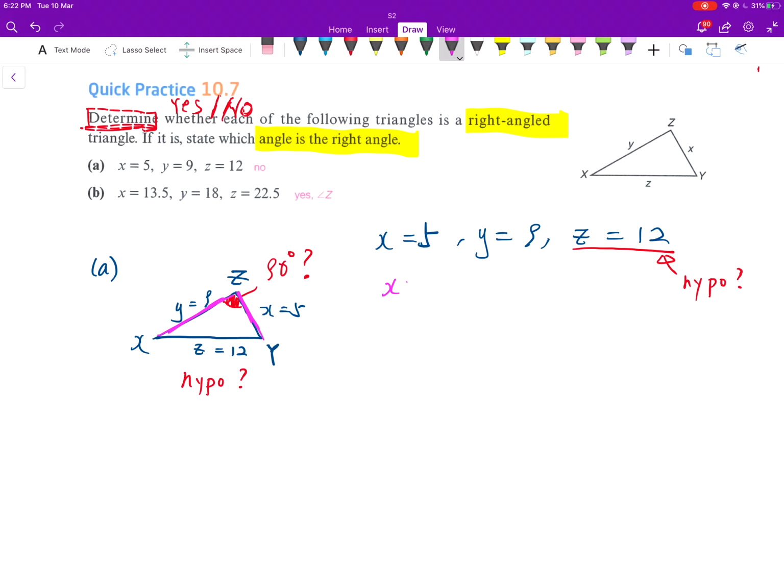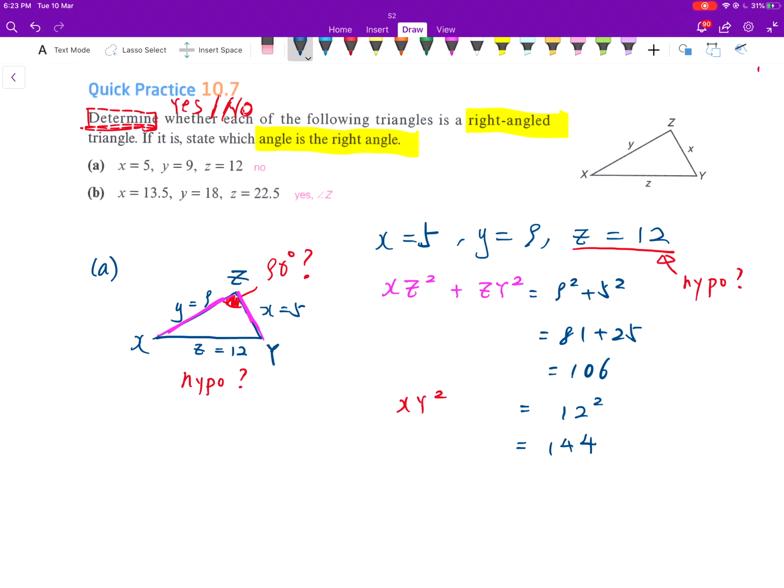We are checking xz squared plus zy squared. We are checking these two lines, so state which sides you are checking. It equals 9 squared plus 5 squared, 81 plus 25, so it equals 106. Then we check the longest side. xy squared equals 12 squared, equals 144.